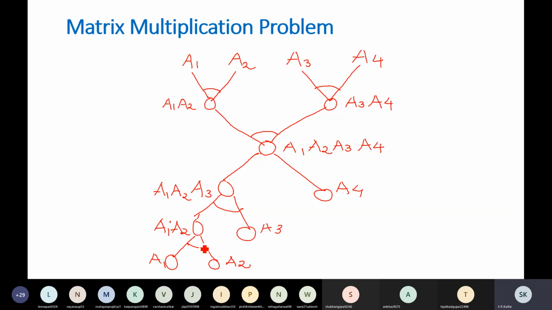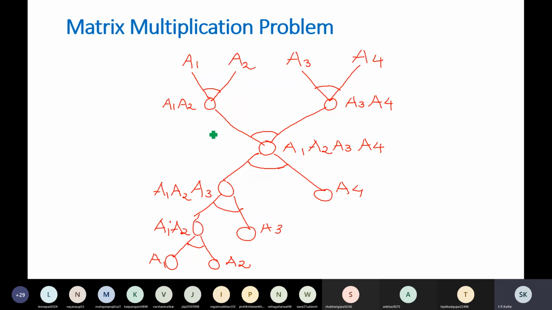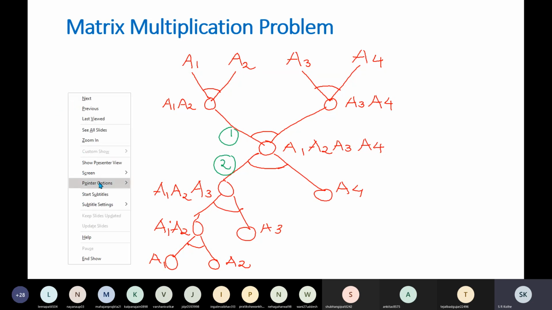We multiply A1 and A2 first, then multiply the result with A3, so you get A1 A2 A3, and multiply this result with A4. So here you get A1 A2 A3 A4. You get the solution either through this path or through this path. There are two different ways you get the solution.